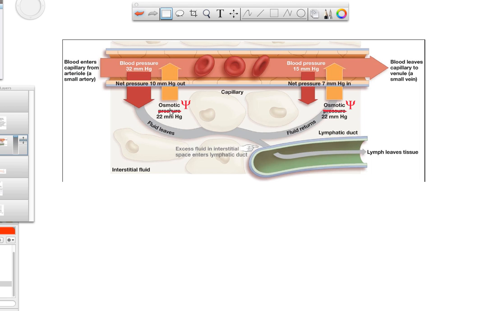You'll also notice that the osmotic potential is the same in each of these locations towards the artery and towards the vein. And as a matter of fact, that factor never changes.